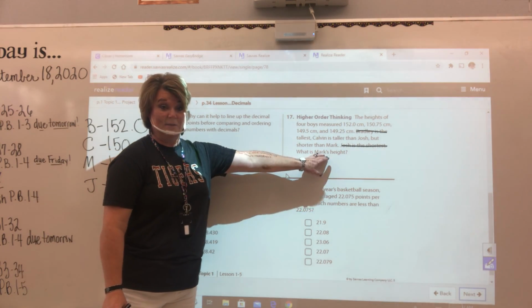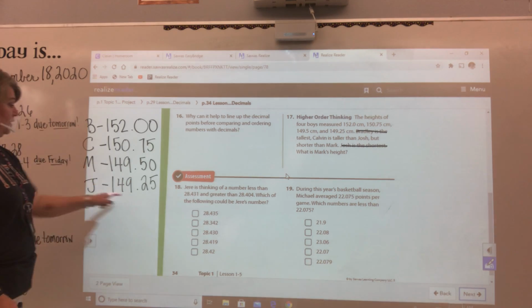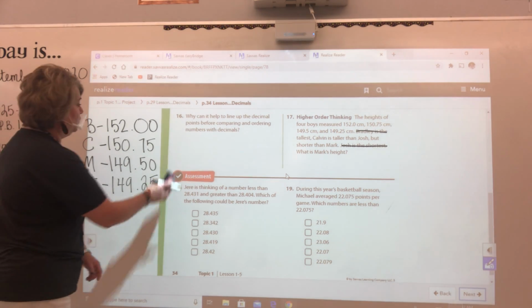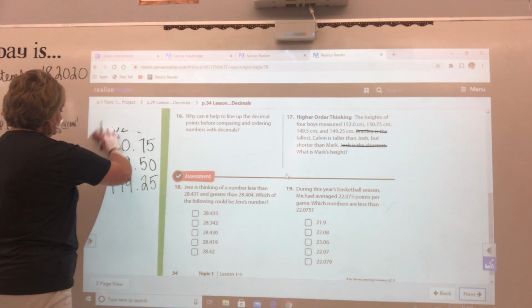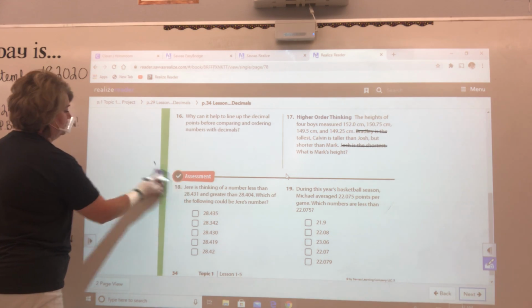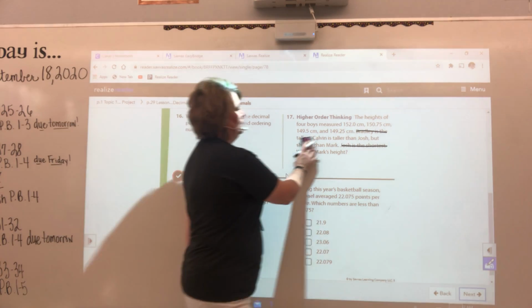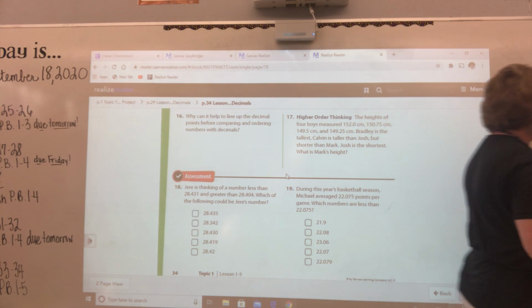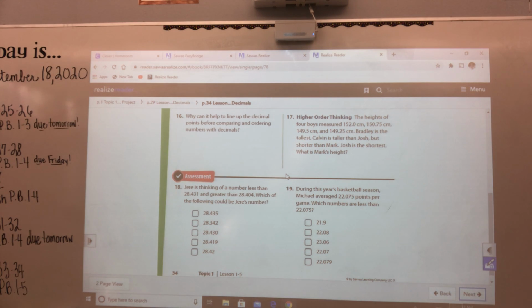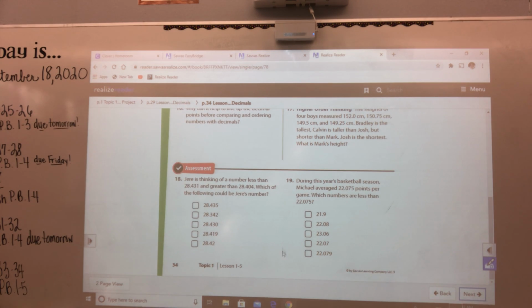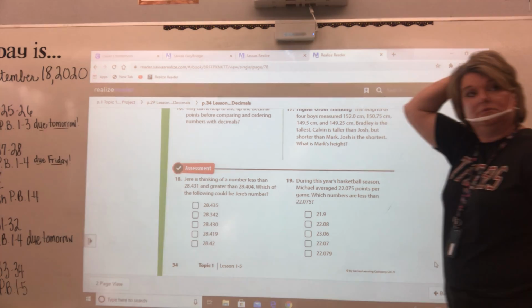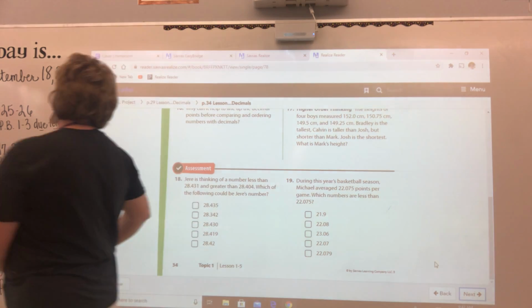What is Mark's height? So go over here and figure out on your paper where you wrote Mark and write that number down. Write it. I don't want to know the answer. I already know the answer.